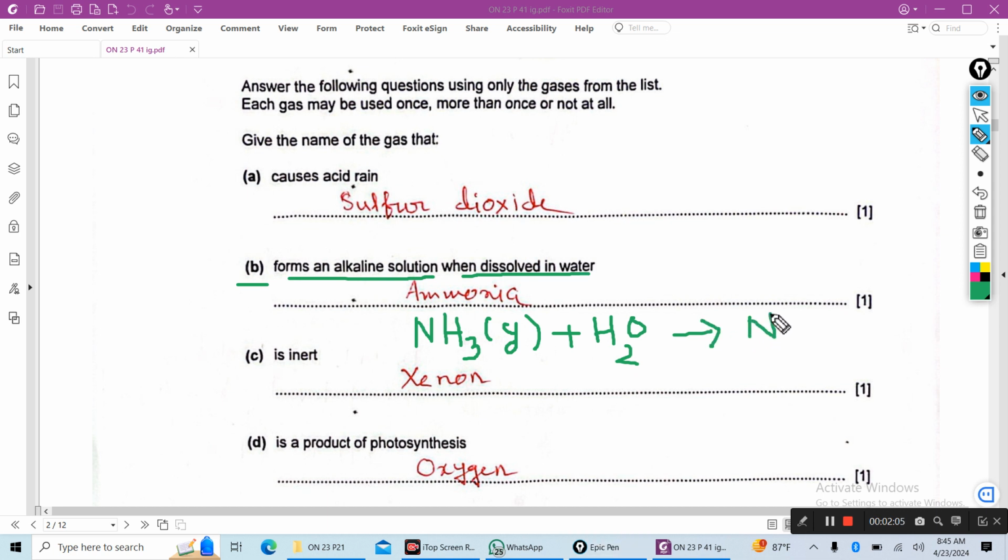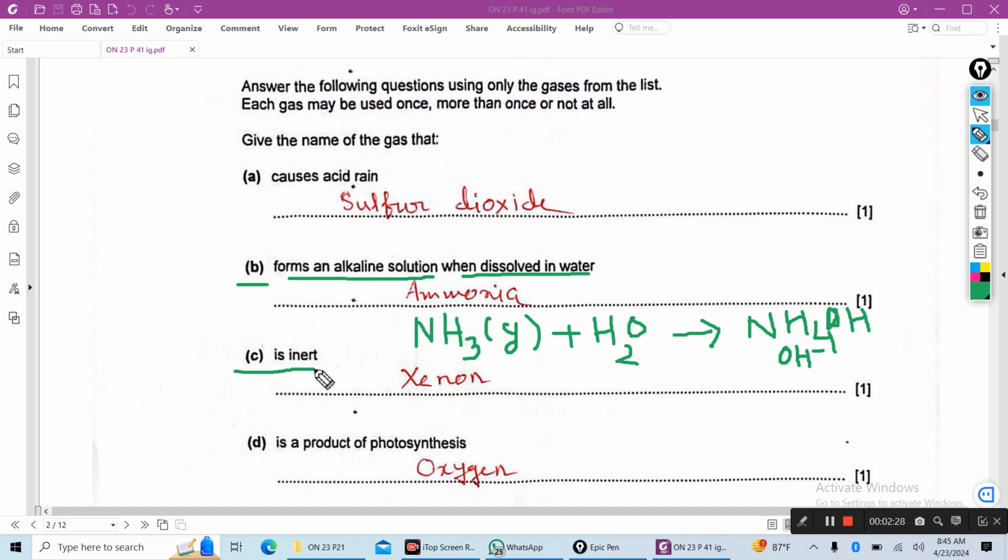Ammonium hydroxide is an alkali solution because it produces hydroxide ions. So a hydroxide ion solution is an alkaline solution.